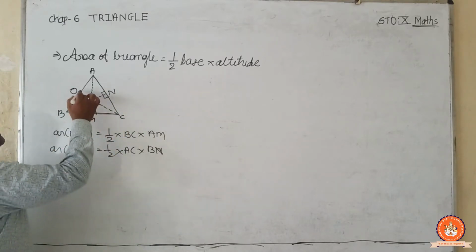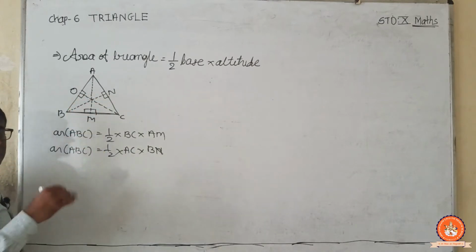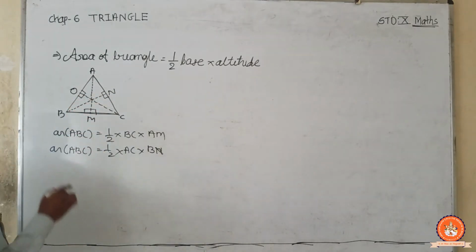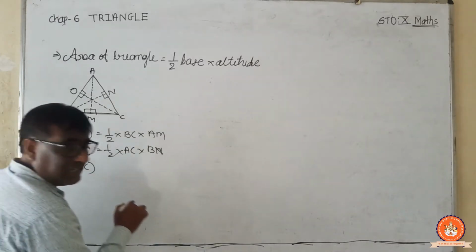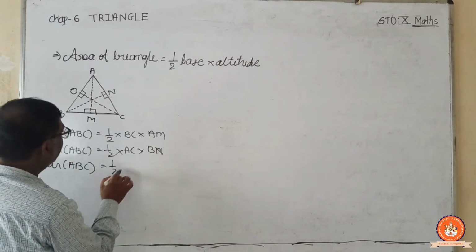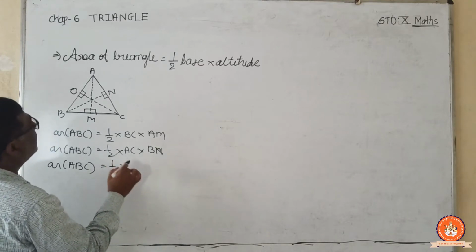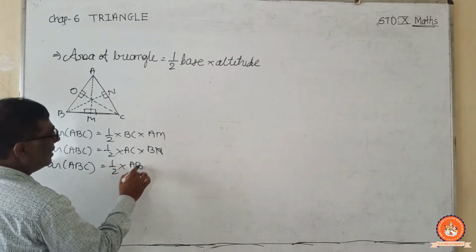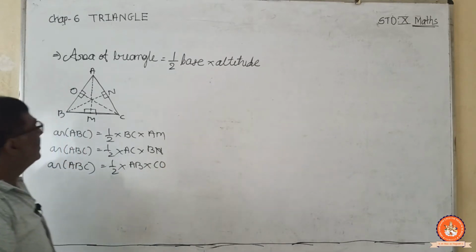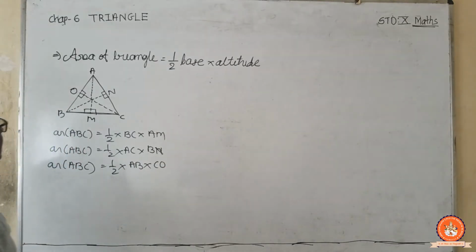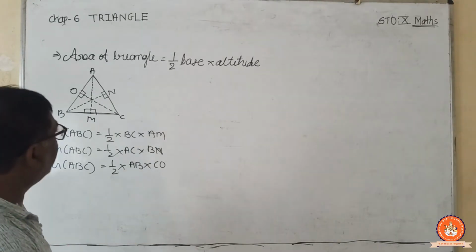CO is the altitude of the same triangle on the base AB. So we can also write area of triangle ABC is equal to half into base AB into CO.